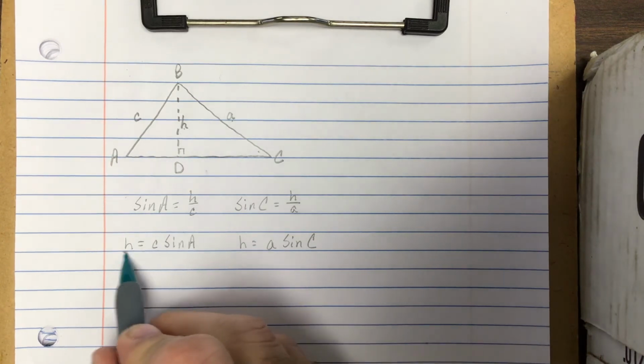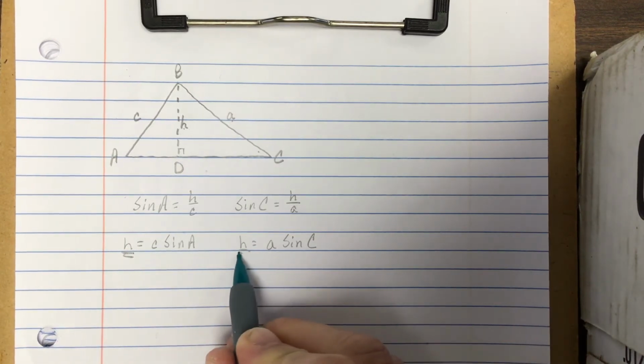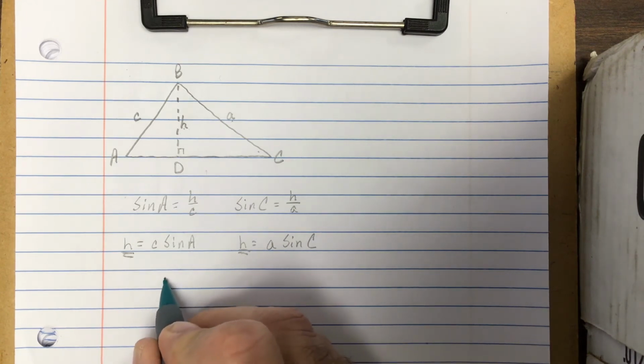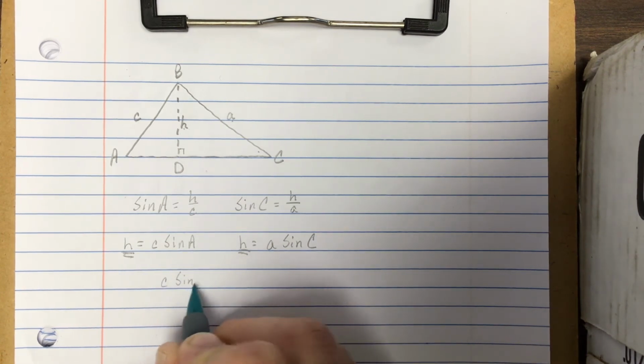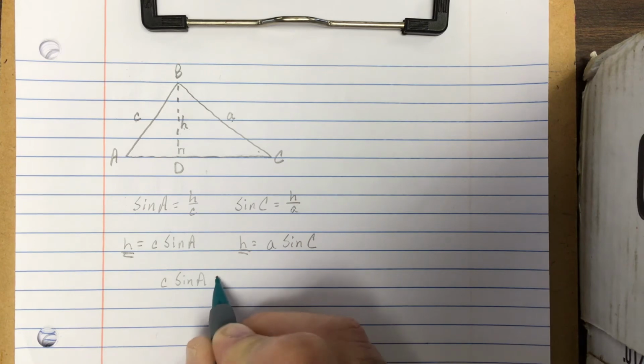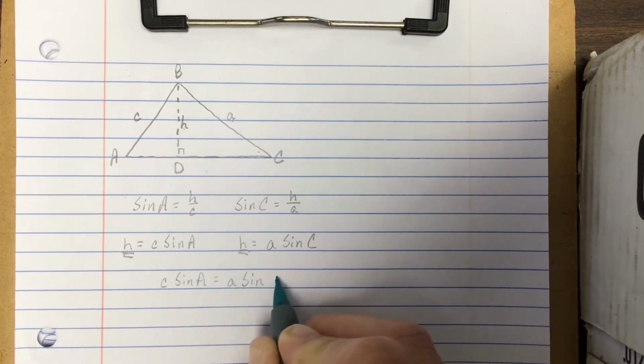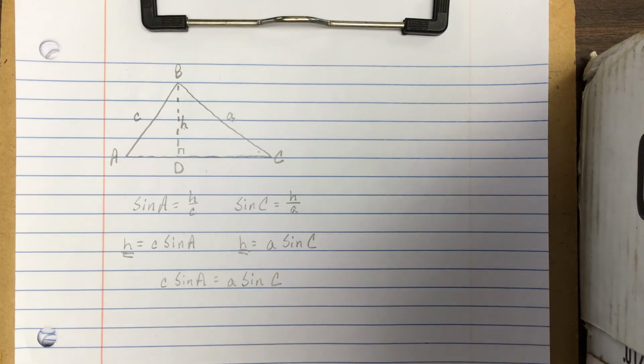All right. So if both of these are H, then I can set them equal. That means I can say C times the sine of A has got to be equal to A times the sine of C. Now, I'm going to divide both sides by sine of A times sine of C, and the reason I'll do that will be apparent here in just a moment.